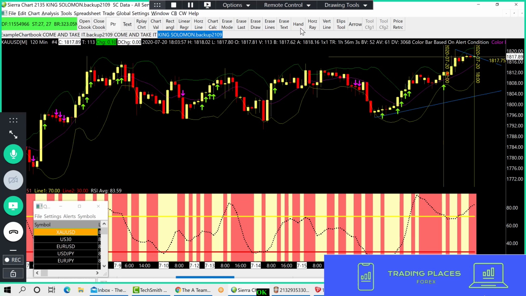So let's find a horizontal line right here, and let's see where the highest point is. Right there. That's the highest point. The money hasn't been that high since today.